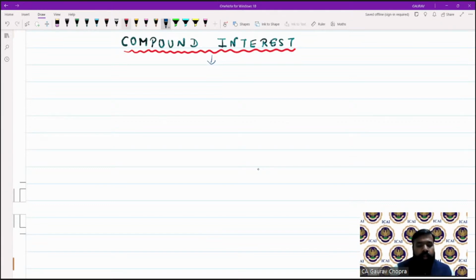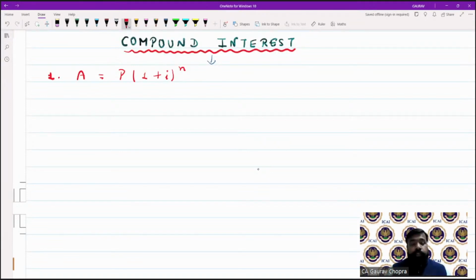First of all, the basic formula for compound interest is to calculate the amount. How do we calculate amount here? Amount is equal to principal multiplied by 1 plus I whole to the power of n.